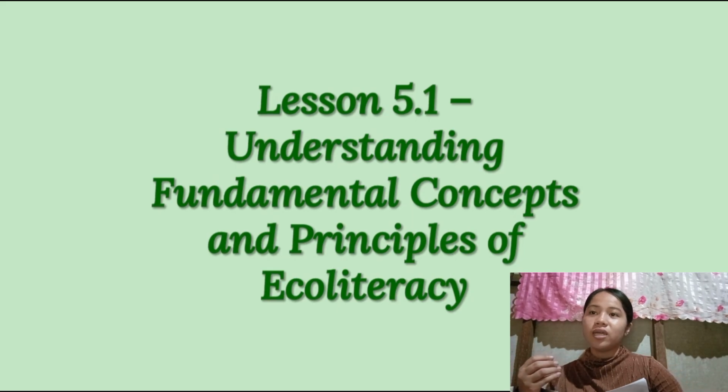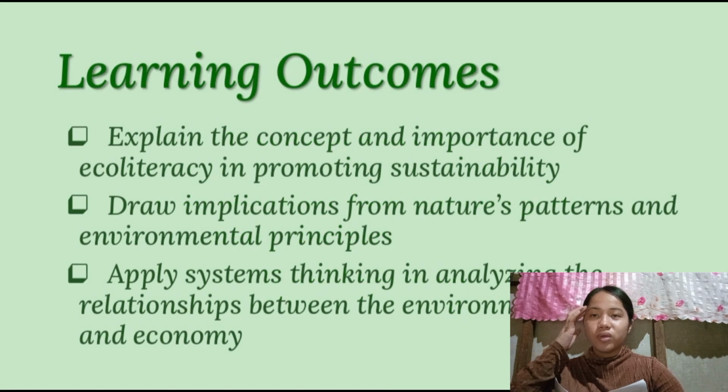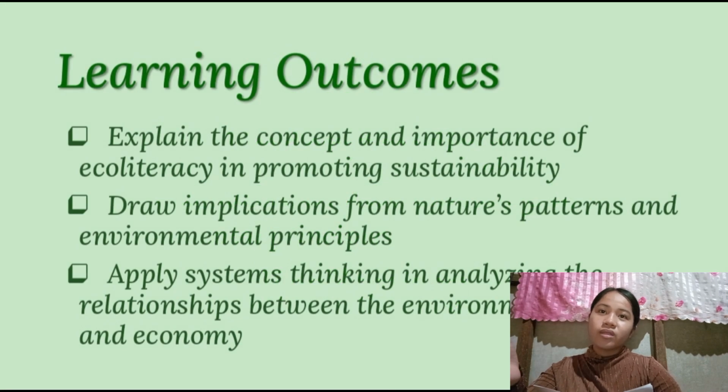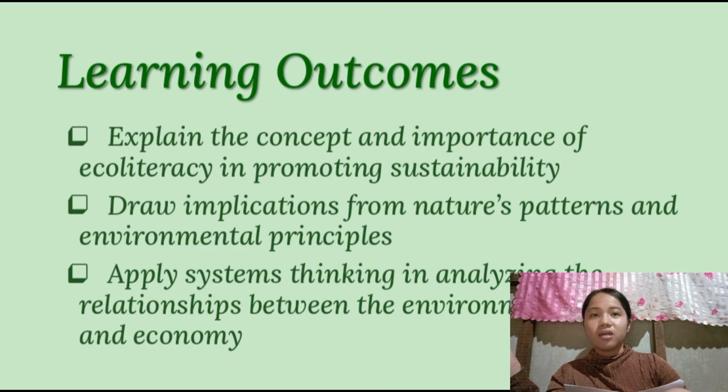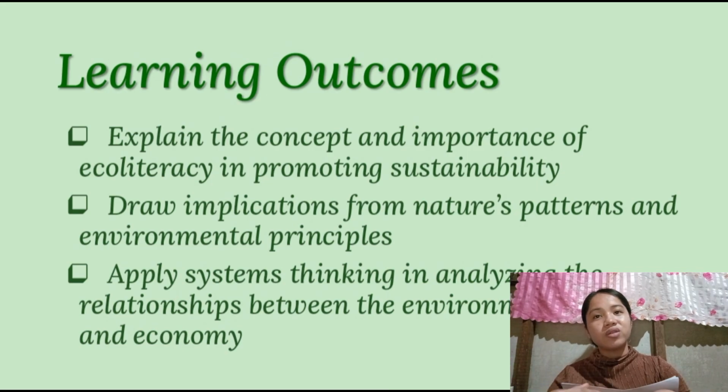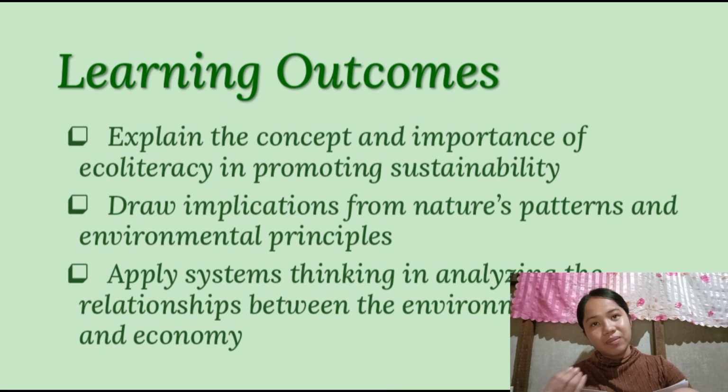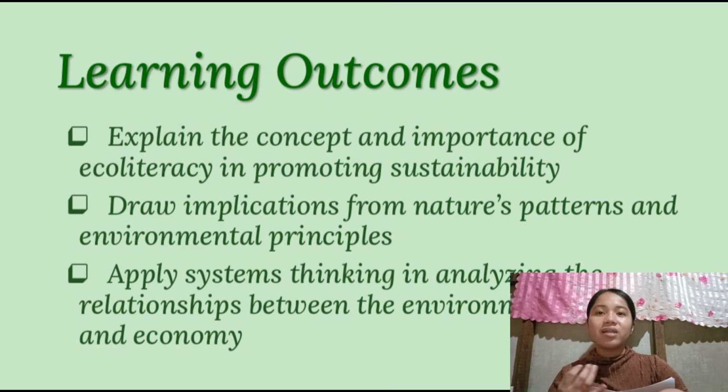We will now read the learning outcomes, what we are going to learn in this Lesson 5.1. First, explain the concept and importance of ecoliteracy in promoting sustainability. Draw implications from nature's patterns and environmental principles. And lastly, apply systems thinking in analyzing the relationships between the environment, society, and economy.